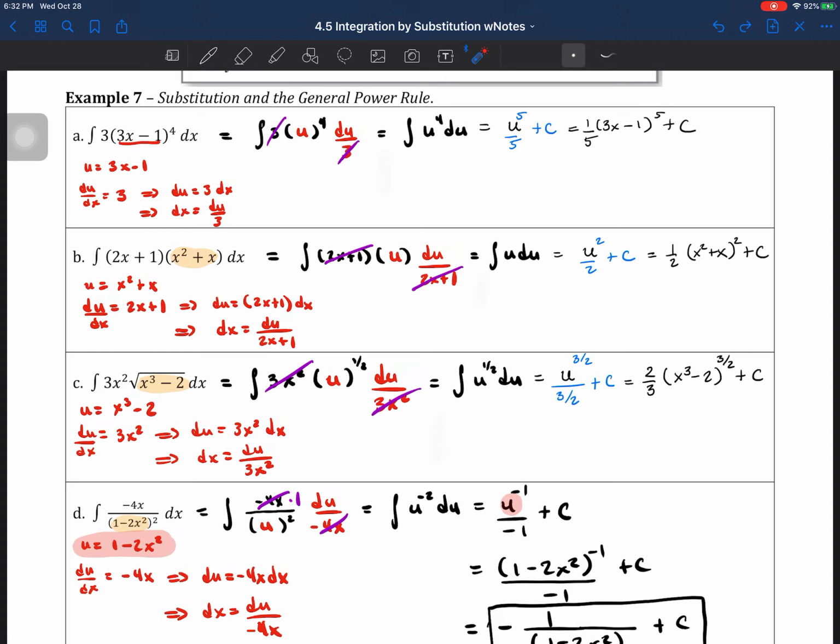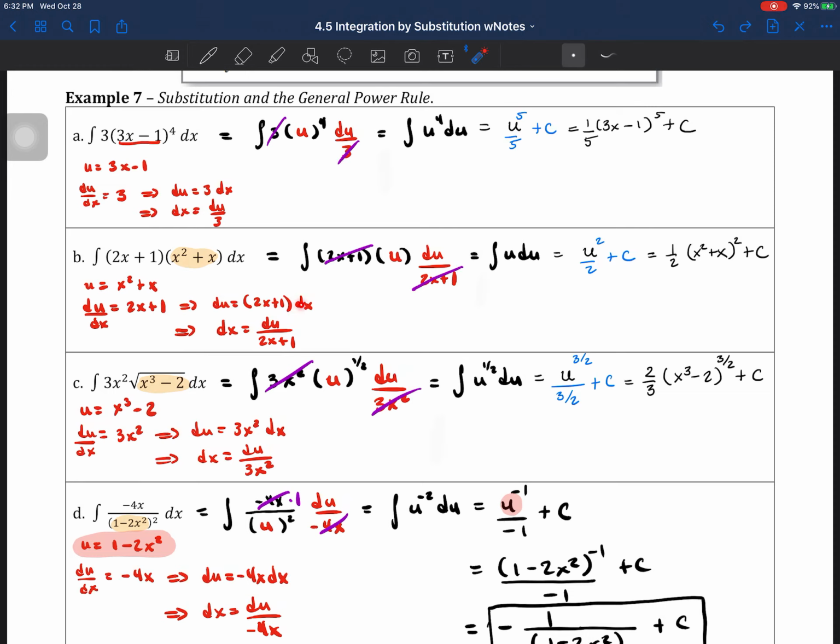So therefore, what I'm going to do in this example is let u be x² + x. And then I'm going to do the derivative of this, du over dx, which is 2x plus 1. Multiply both sides by dx, sort of a silly thing to do. You can just jump from here to here, doing differentials.